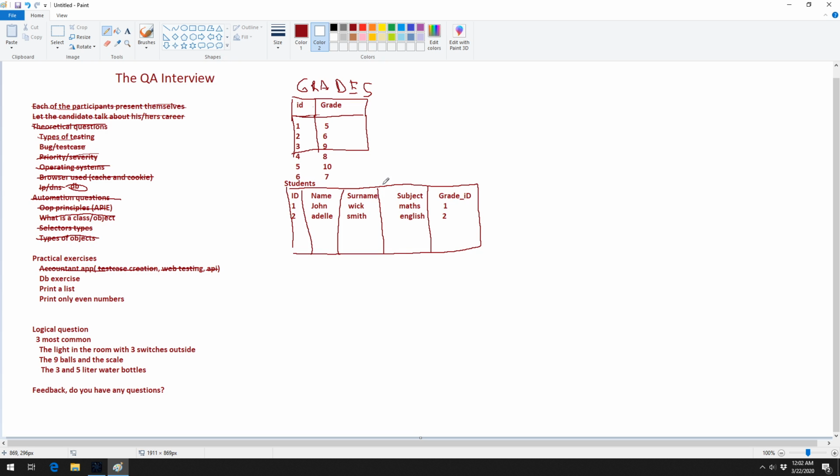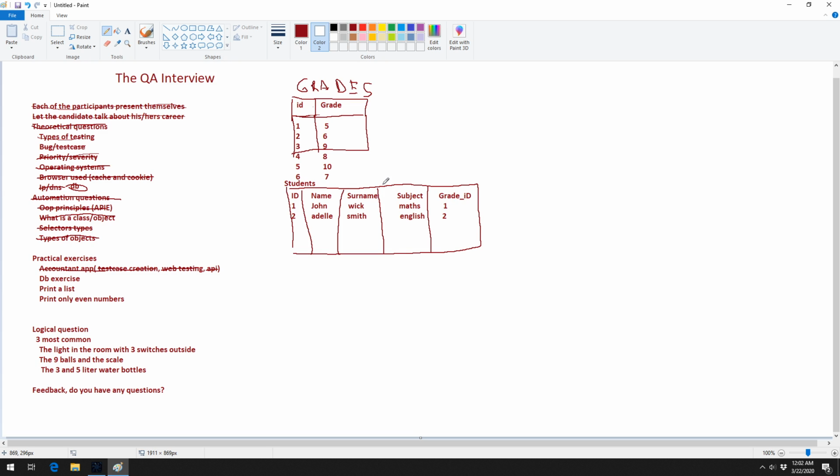Second, if you want to elaborate this exercise, I'm gonna go through the join, or let me just explain. First, I usually, if I didn't cover the primary key and the foreign key in the theoretical questions, I'm gonna do it here. For example, I'm gonna ask for the student table, what is the primary key and what is the foreign key. I'm gonna explain why, because here you can already see the mappings.